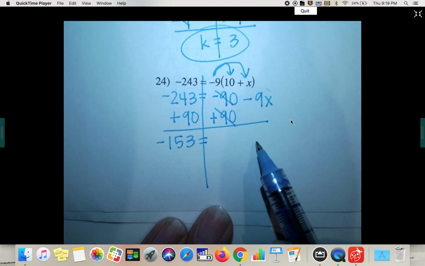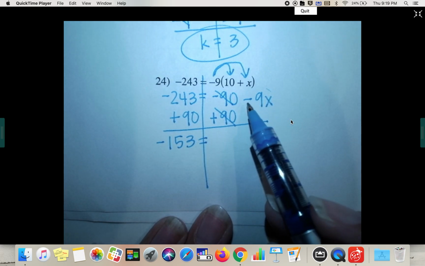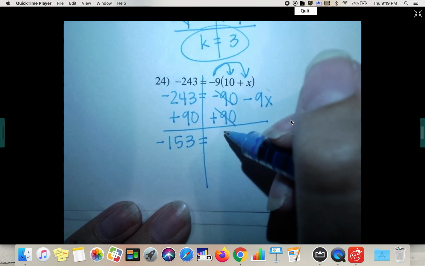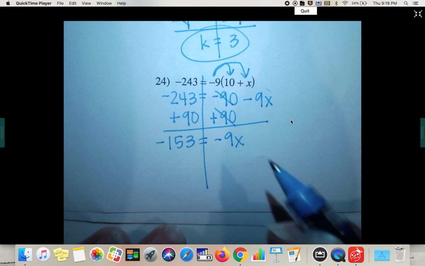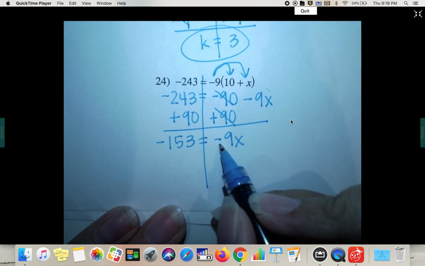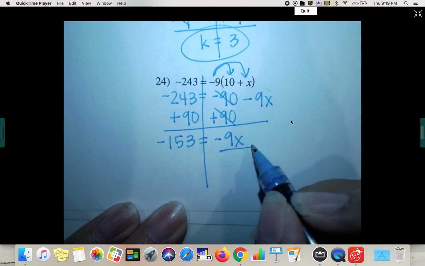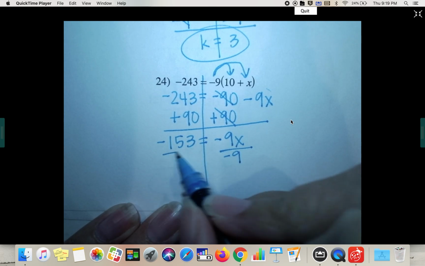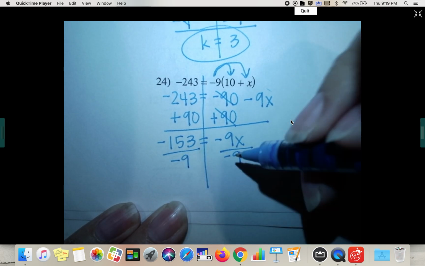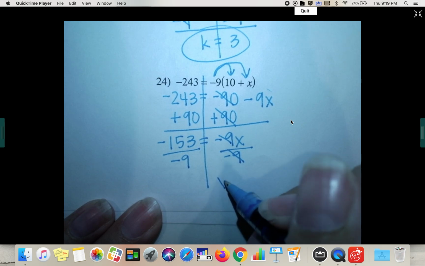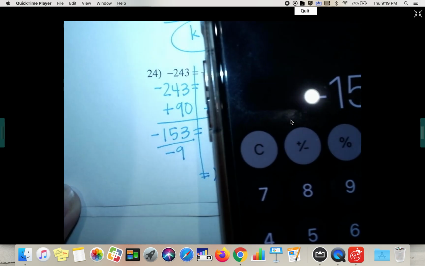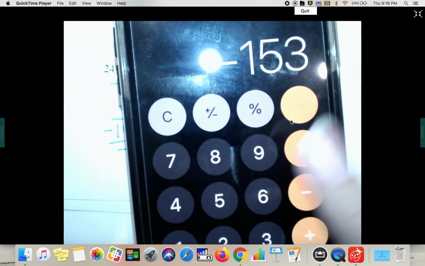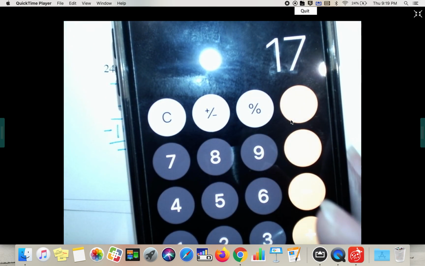Over here, do not just bring down 9x. That negative goes with it. The whole term is negative 9x. So the last step, x is being multiplied by negative 9, so you are going to divide by negative 9 on both sides. Cancel, cancel. X equals whatever negative 153 divided by negative 9 is. 17.